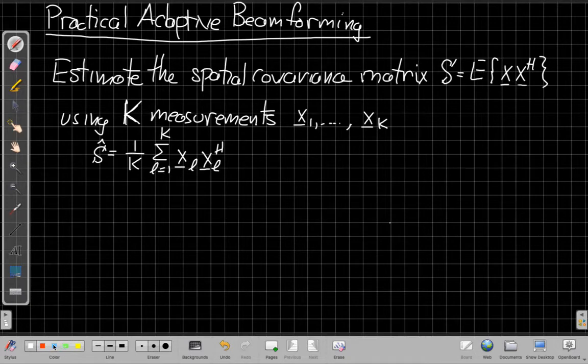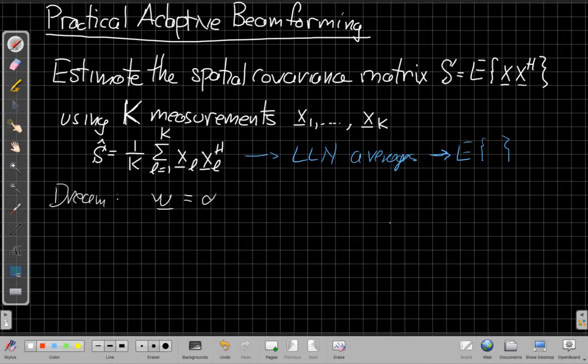This is basically relying on the law of large numbers, which says that, loosely speaking, an average converges to an expected value as I get more and more data under some regularity conditions. And so when we do this, we end up finding the sample covariance matrix, and our aspiration or our dream is that we want to use MVDR, because we know if we know the covariance matrix, that's optimal.